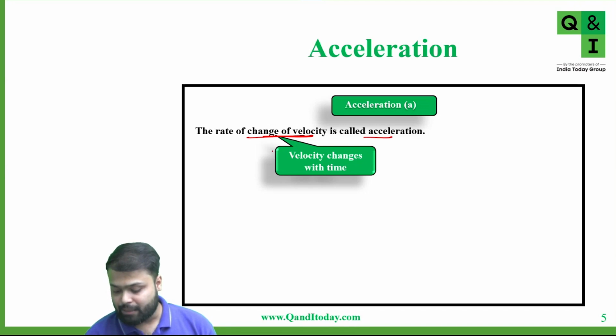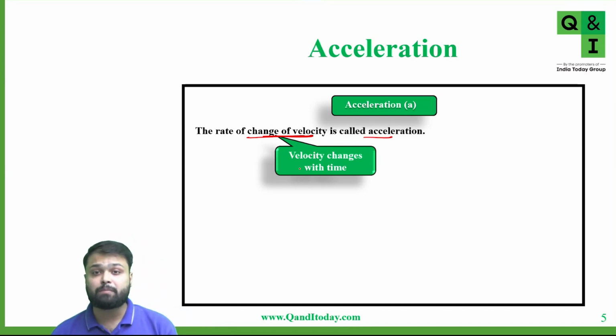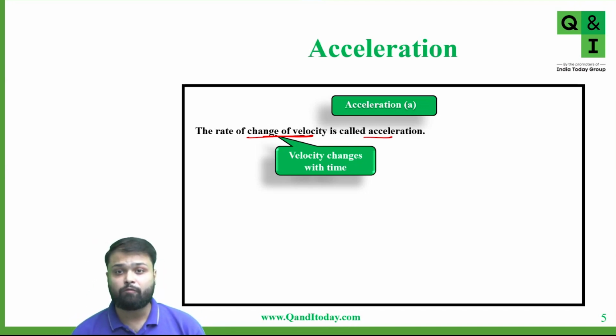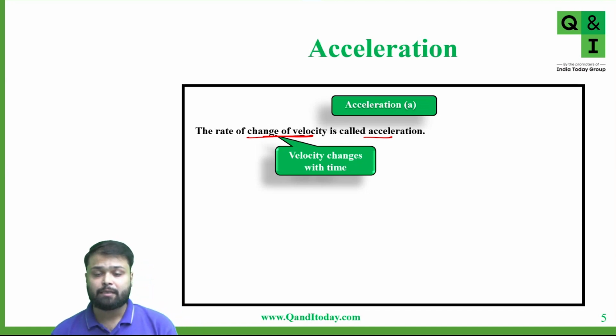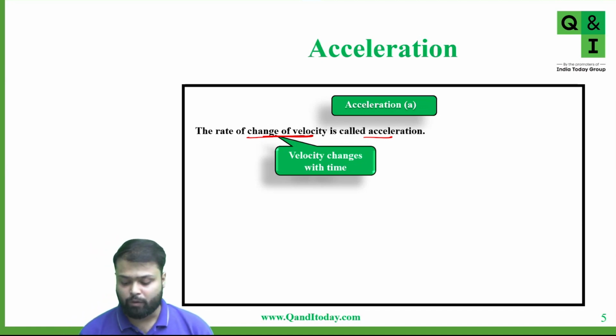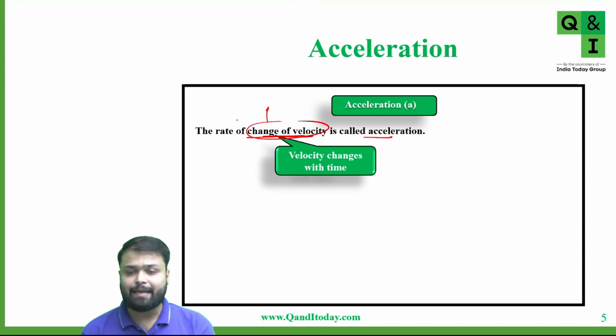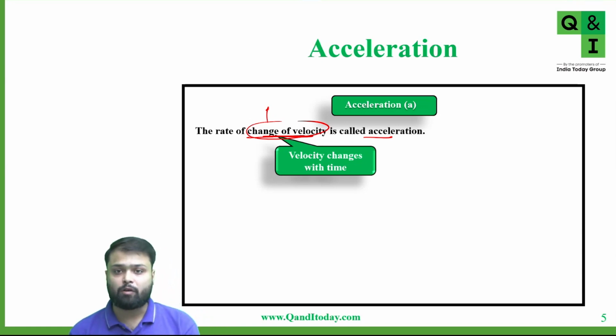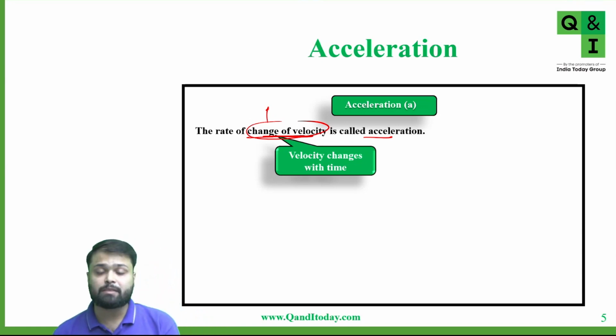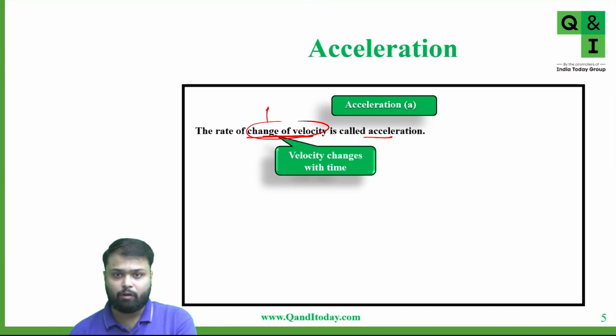That means velocity is changing with respect to time. So with time, how fast or how slow velocity is changing, that is given by the acceleration. Okay, now change of velocity means velocity at any time t minus initial velocity.